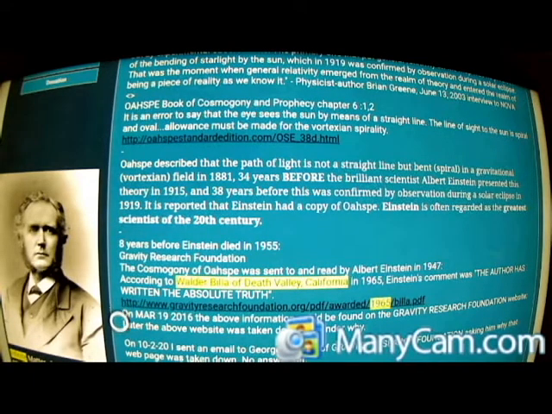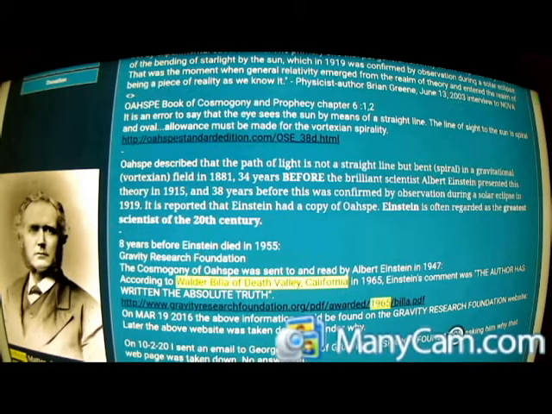Later, the above website was taken down. I wonder why. On 10/2/20, in other words, on October 2nd, 2020, I sent an email to George Rideout of Gravity Research Foundation.